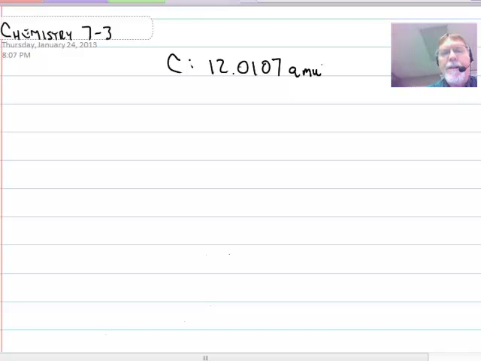And then we saw that the mass of 1 mole of carbon atoms, and remember 1 mole is Avogadro's number of carbon atoms, or 6.022 times 10 to the 23rd atoms, has a mass of 12.0107 grams. And so we usually express this as grams per mole, and that is the molar mass of carbon.